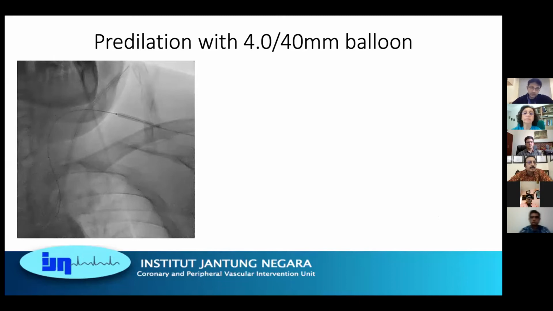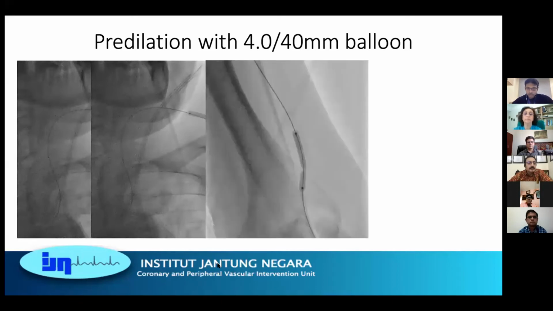I pre-dilated the cephalic stenosis first, went on to work the whole way up to the tightest stenosis, ensured that the balloon opened fully. And this is the result after the 4.0.